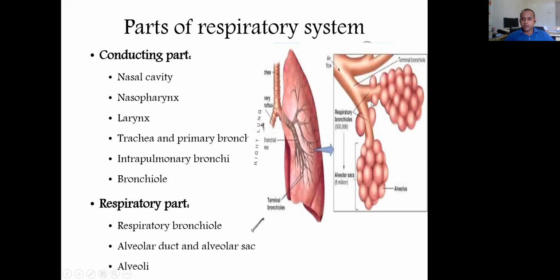So the respiratory part includes the respiratory bronchiole, 2 to 3 alveolar ducts, and individually they have the alveolar sac, and this alveolar sac is formed by alveoli. The single unit is the alveolus. So today we are going to see the histology of the entire thing.